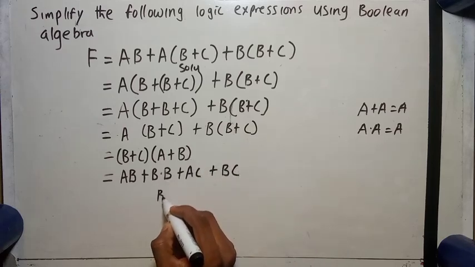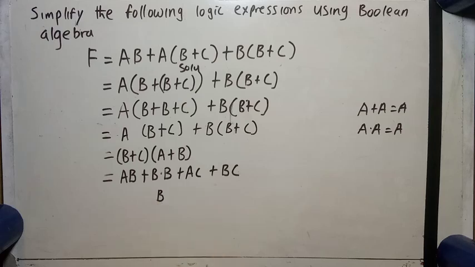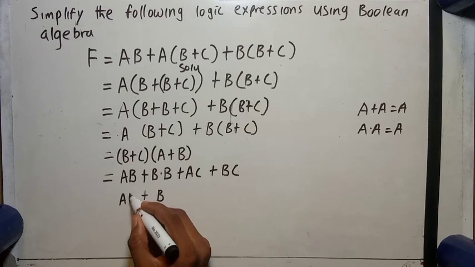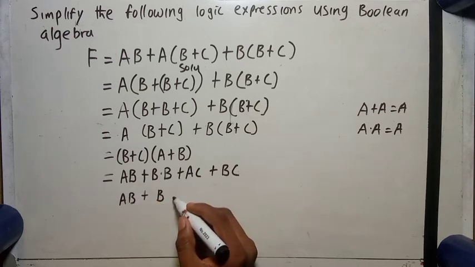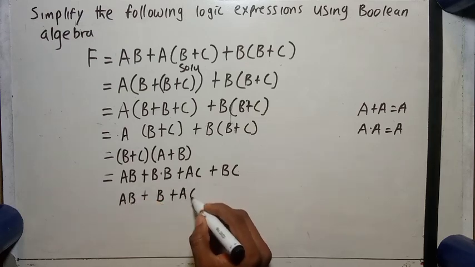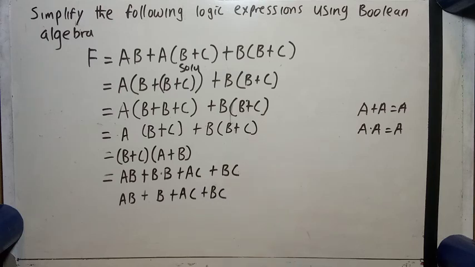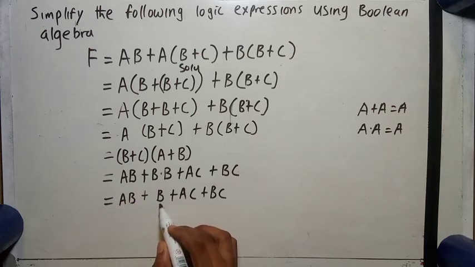This will give us b. So we're going to be left with a b plus a c and b c. Now b is here, b is here.